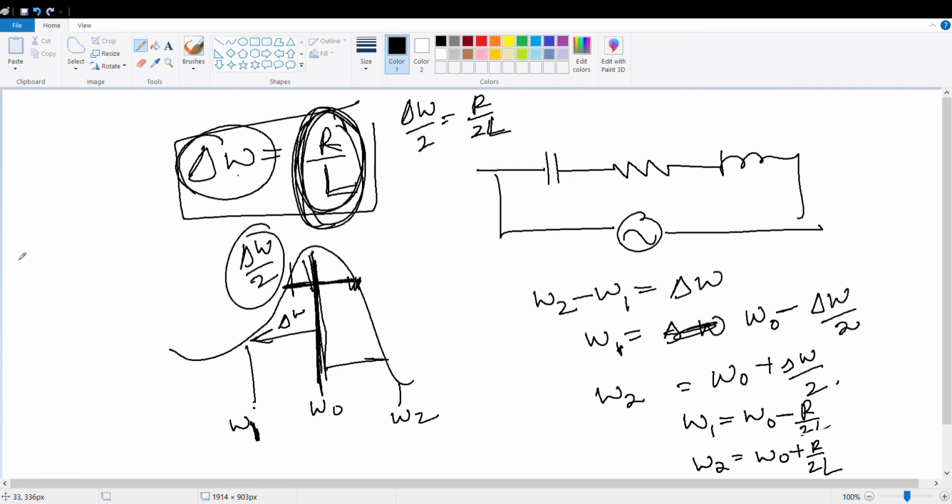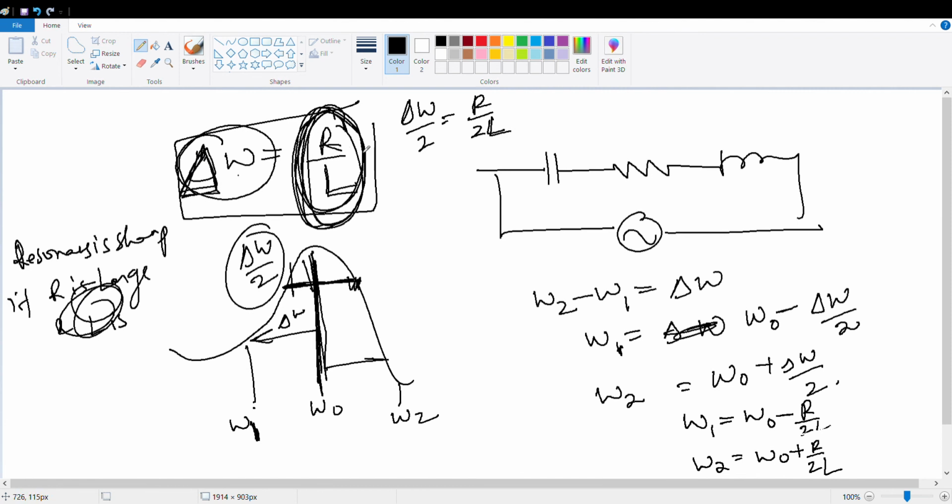Clear? So your resonance is sharp if... one minute. We want to make delta W smaller, no? When you want to make delta W smaller, you want to make this quantity smaller.